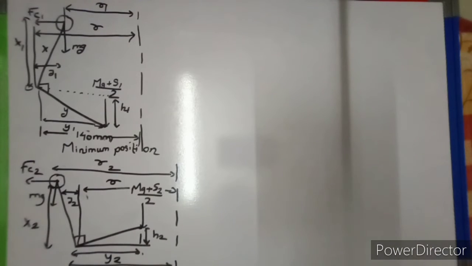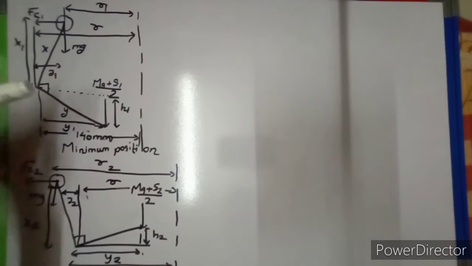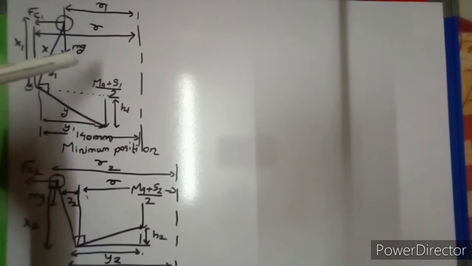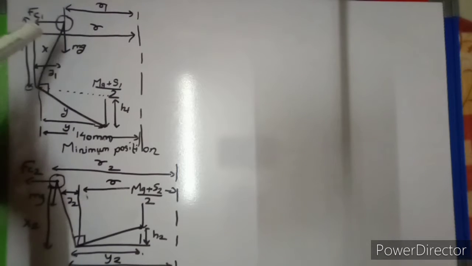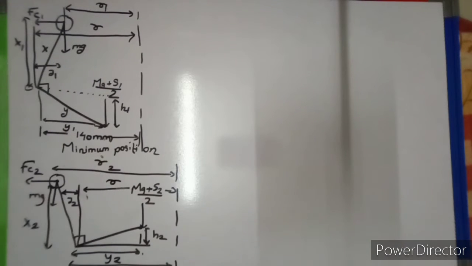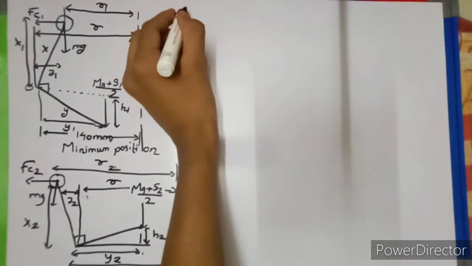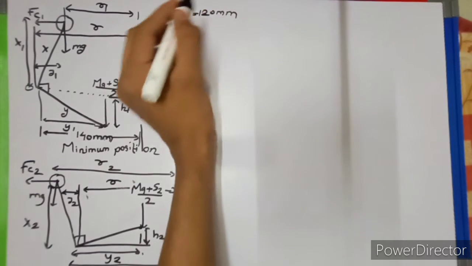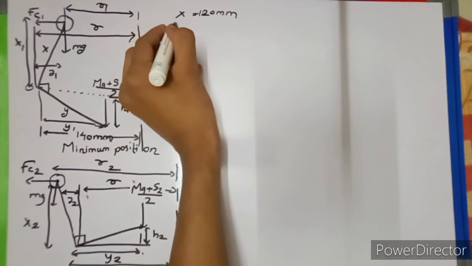As you can see, the diagram I have drawn is the same diagram I used while explaining the derivation. In the problem which we are going to solve, the value of x was not given, so consider it as 120 mm. What all was given?